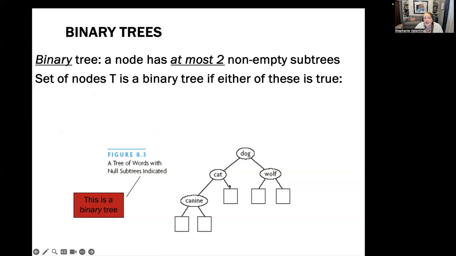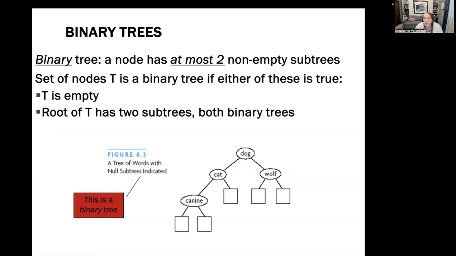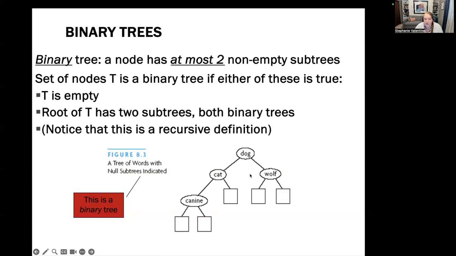So this means that a node is either empty, so any node, either a root node or a leaf node, can be empty. The root could have two subtrees, and both of those are also binary trees. So notice that this is a recursive definition.